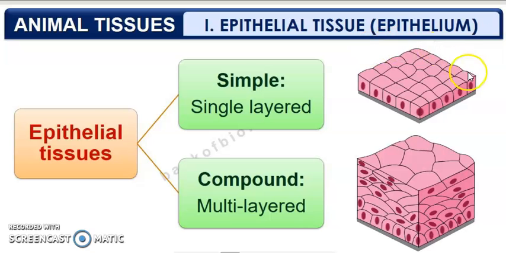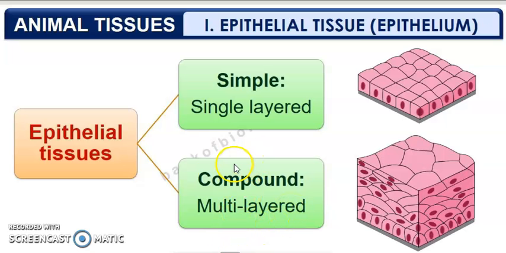You can see the cells of the simple epithelium. And what about compound? As simple is made up of one layer, compound will be made up of many layers. So it is multi-layered.